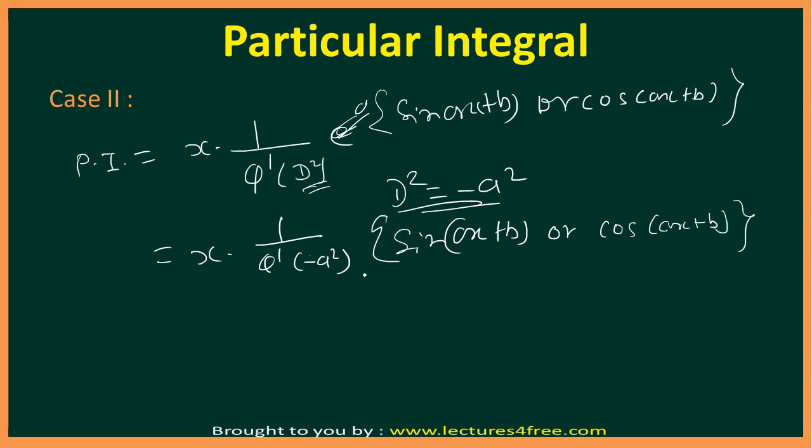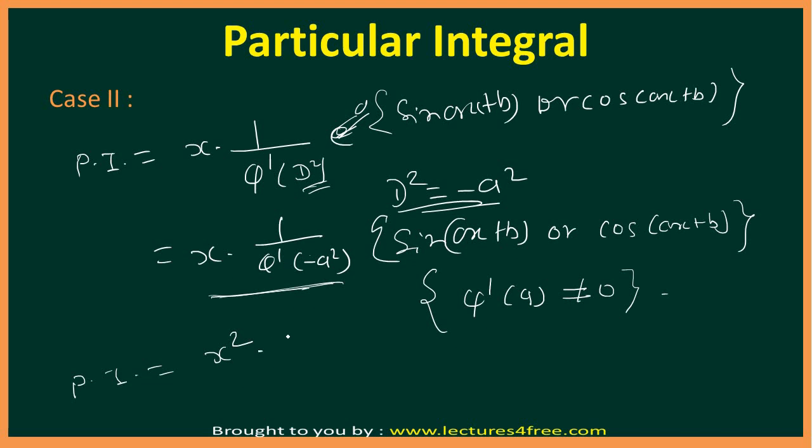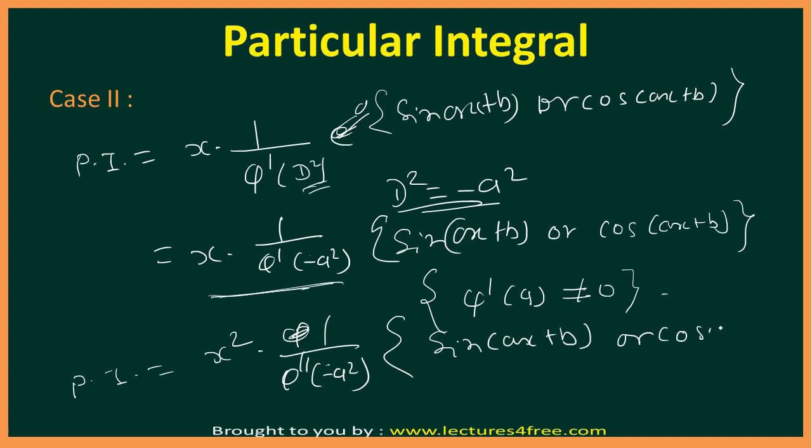Here also the same thing. We have the condition that our φ'(−a square) should not be equal to 0. If it is 0, then we again differentiate this and again multiply with x, so you will get x square times 1 upon φ''(−a square), and here sin(ax+b) or cos(ax+b).